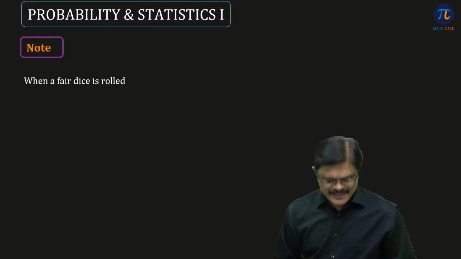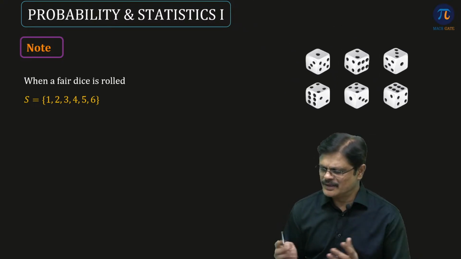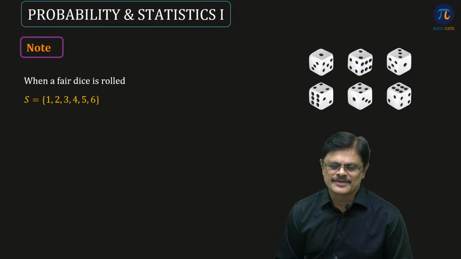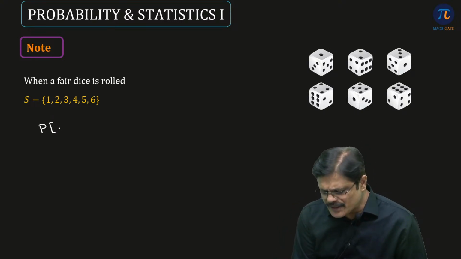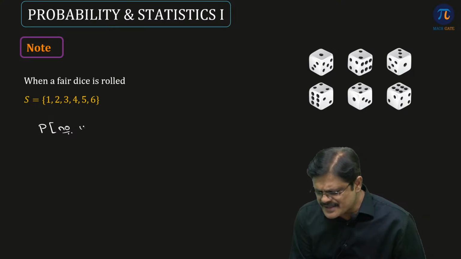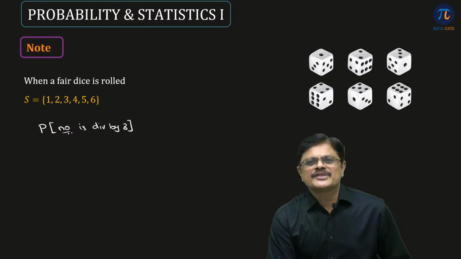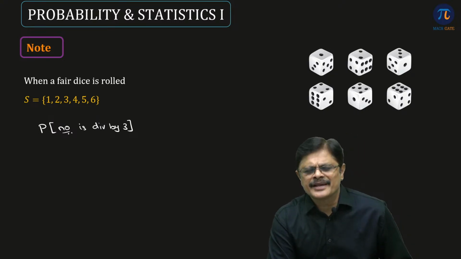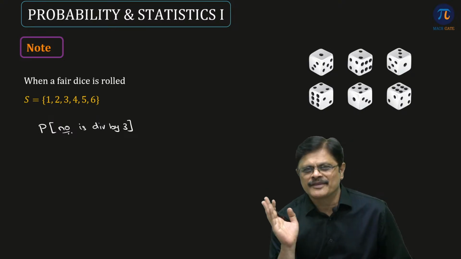Now when a fair dice is rolled, the sample space, you all know, it is 1, 2, 3, 4, 5, 6. That is all possible outcomes. Now if I ask what is the probability that the number is divisible by 3, what are the numbers which are divisible by 3? 3, 6, 9, 12, 15, 18, like that all the multiples of 3.